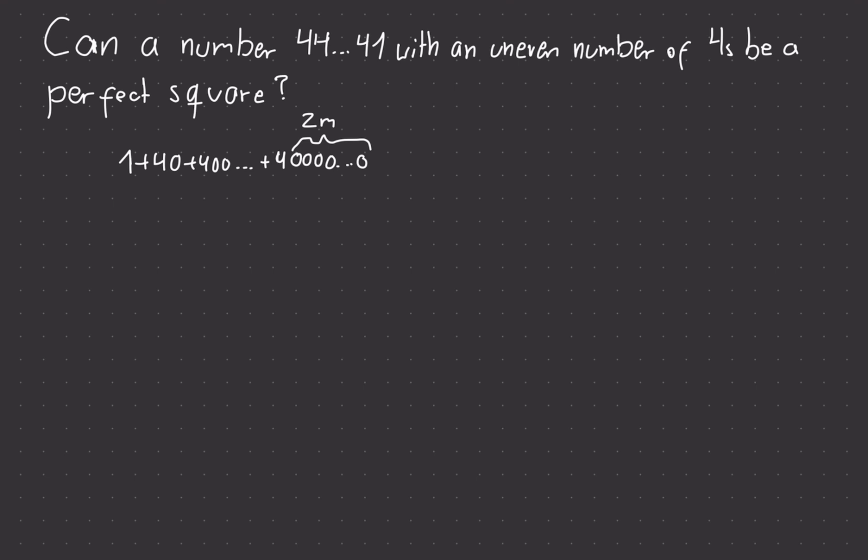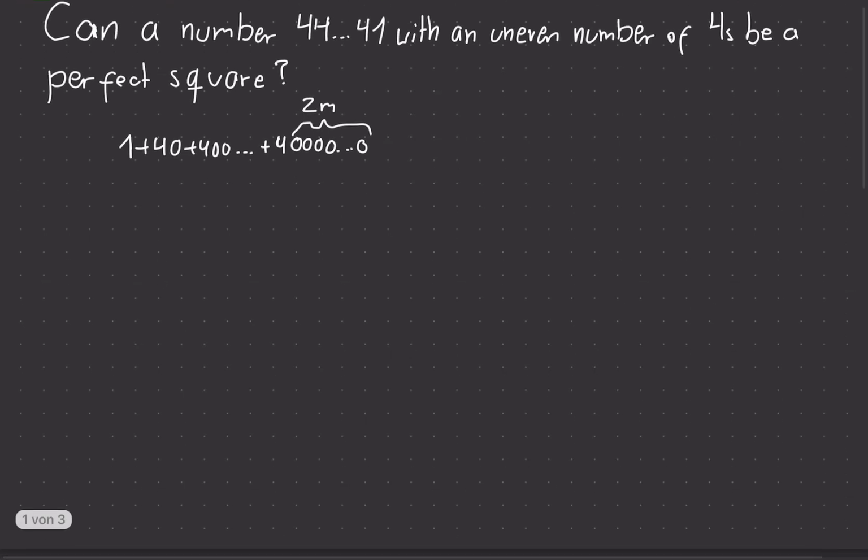And this 40 plus 400 and so on, we can actually write it as a series. So let's just write this as equals 1 plus a series as k goes from 1 to 2n minus 1, because we want to have an uneven number of 4s, of 4 times 10 to the k.